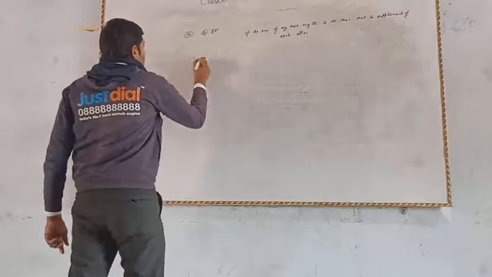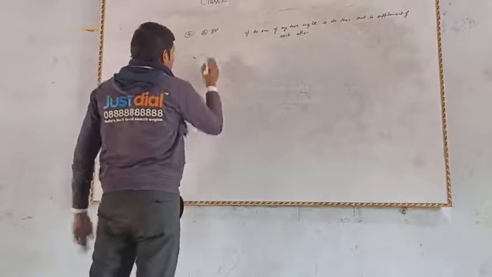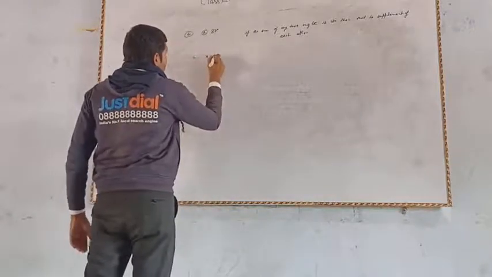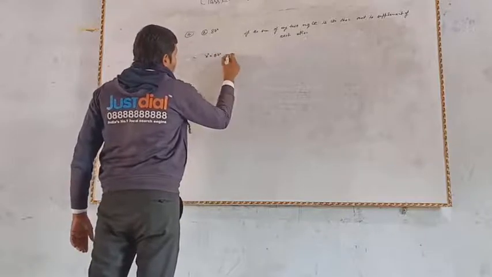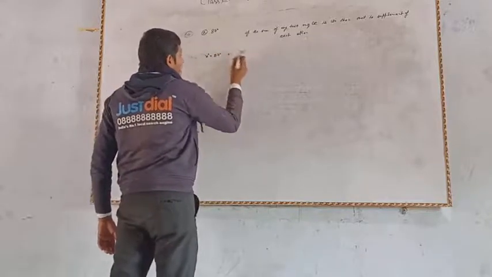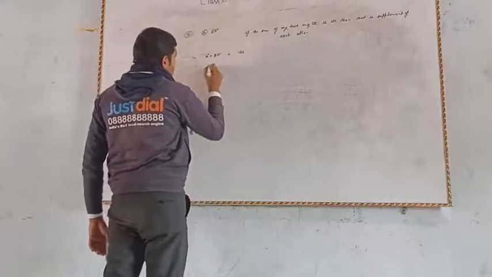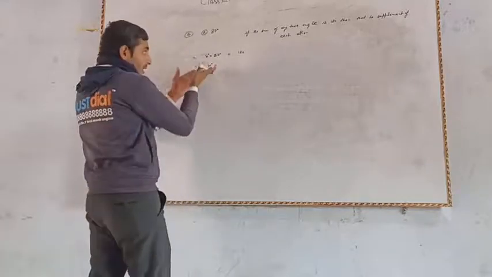Suppose the other angle is x. Then x degrees plus 87 degrees is equal to 180 degrees. We have to find x.